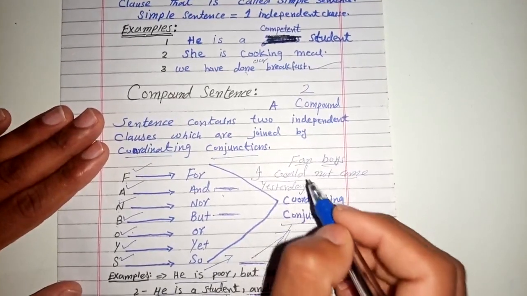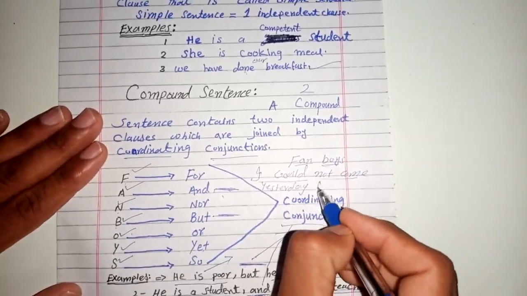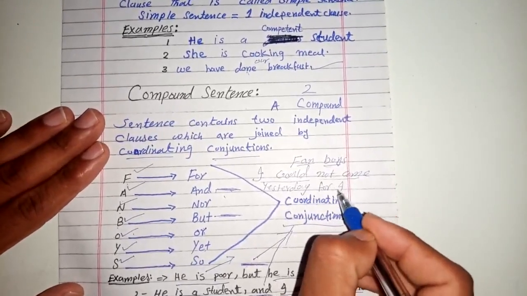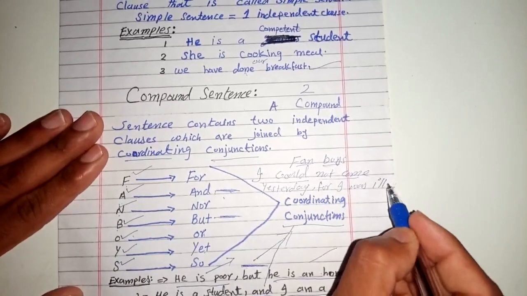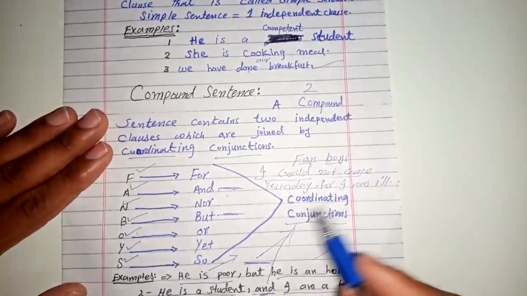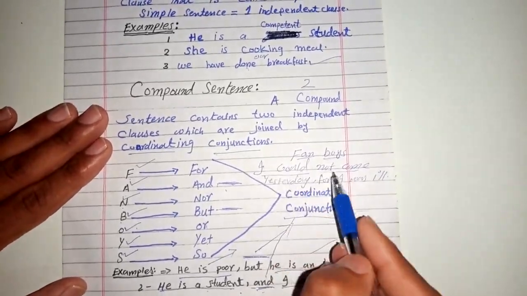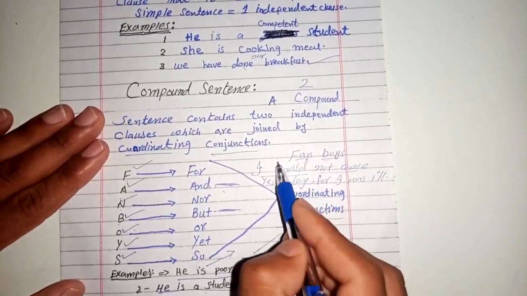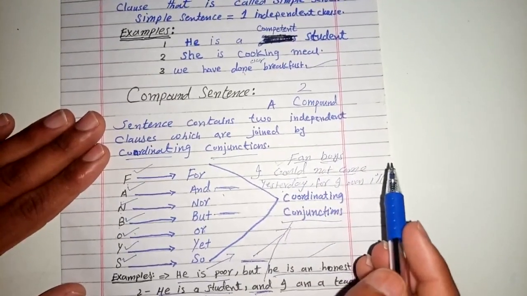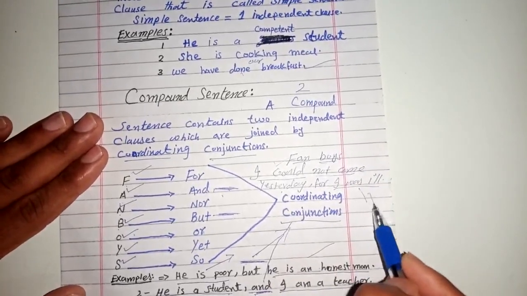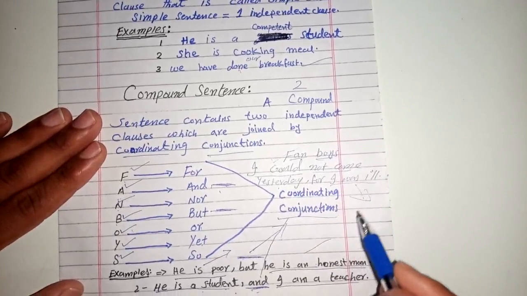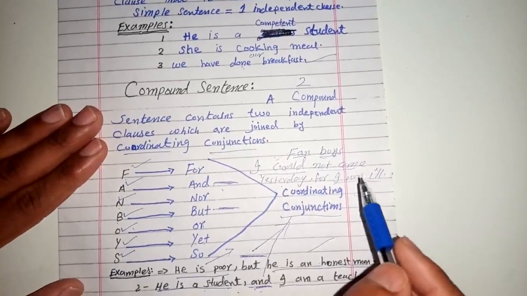For I was ill, or sick, also gives complete meaning, so it's an independent clause.